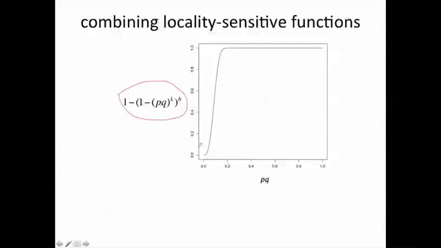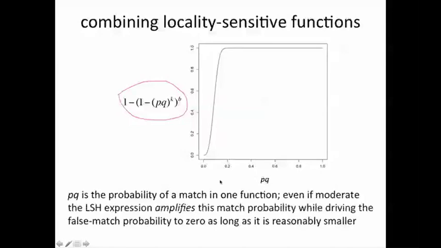This function, as you can see, is a very steep one, with the result that this value pq, which is nothing but the probability of a match in one of the locality sensitive functions f, is amplified.